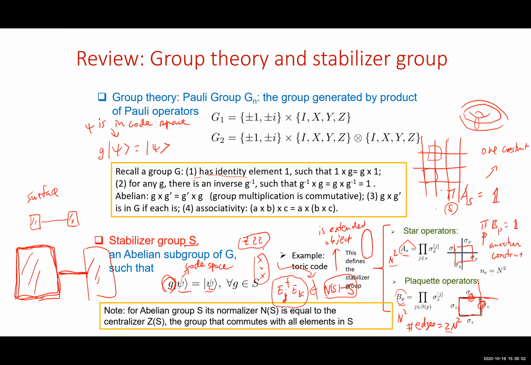But since there are two constraints, that means there are two fewer independent elements in the generator. Because of these two constraints in the product, we are allowed to have 2-qubit encoding. So this is 2 encoded qubits.